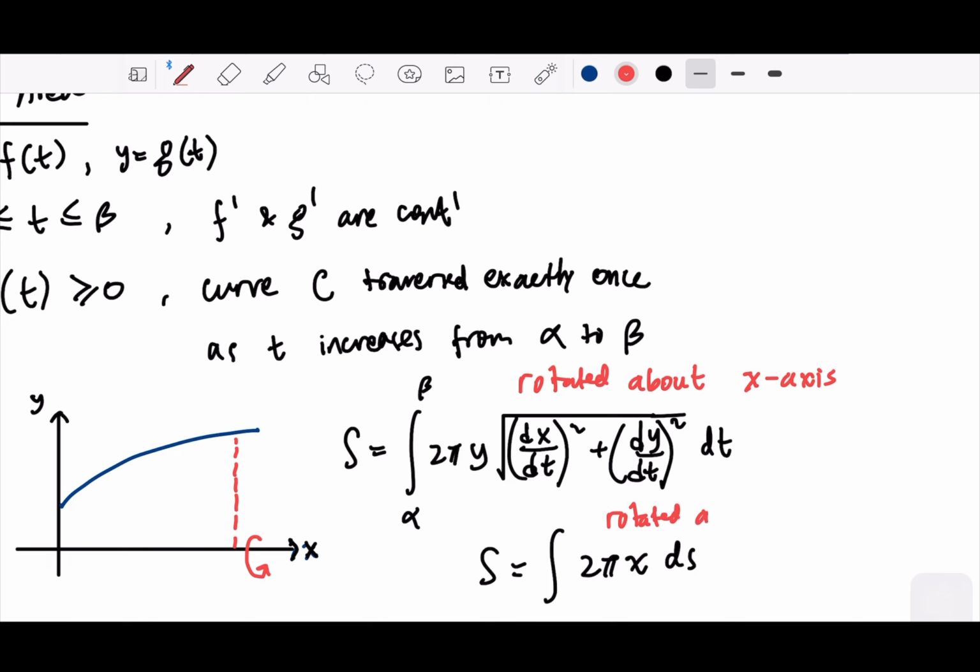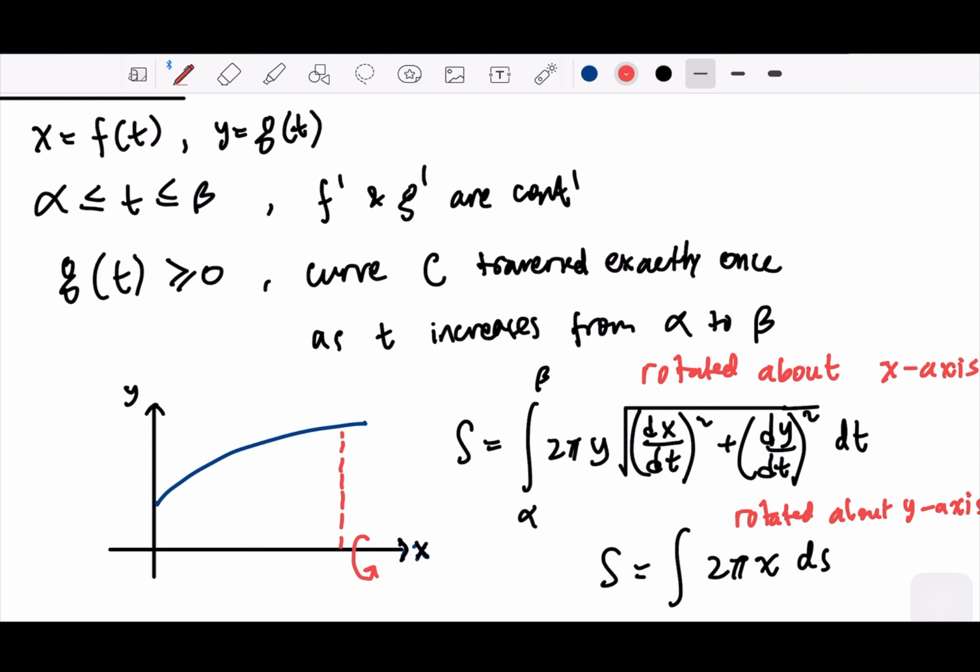This is rotated about the y-axis. And the note is also the same as for the arc length, so the curve should move or traverse exactly once.